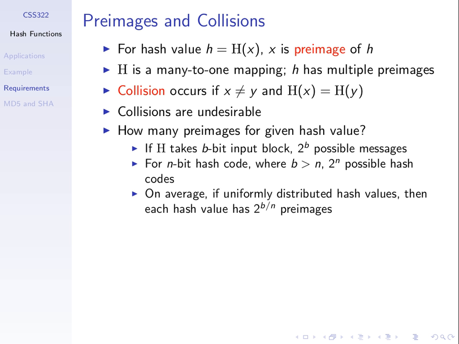If the hash of some message 2 equals H3 and the hash of some other message 100 equals H3, then that's a collision.